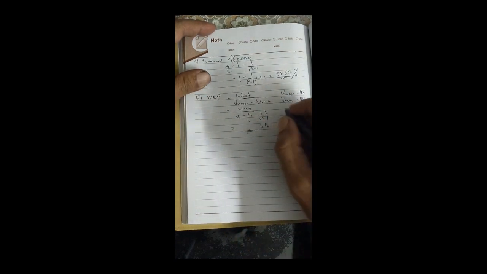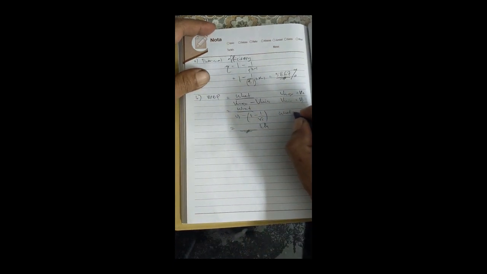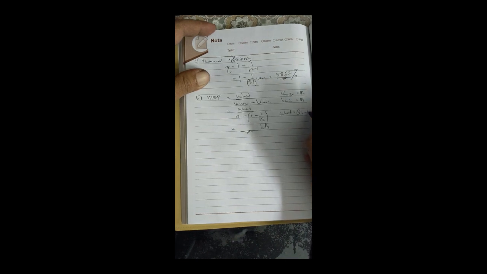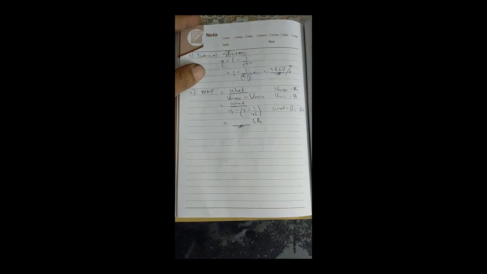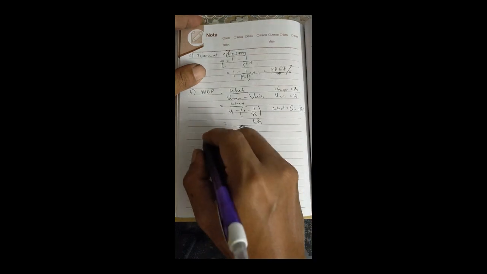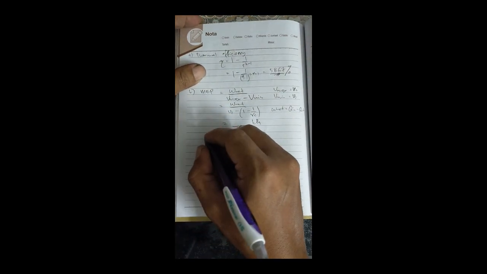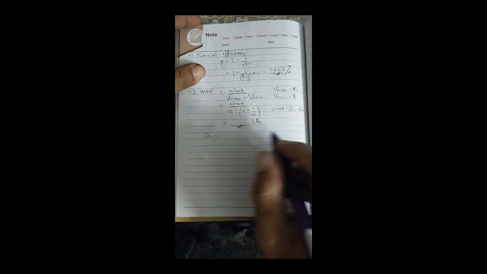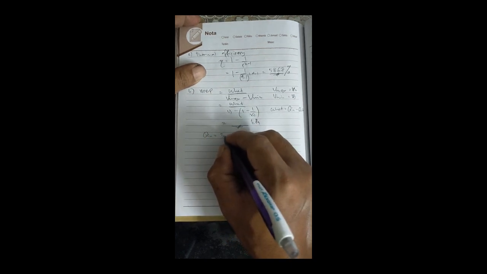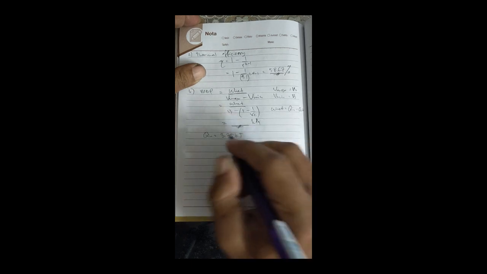Work net is Q in minus Q out. Q in is given directly, 3.75 kilojoule.